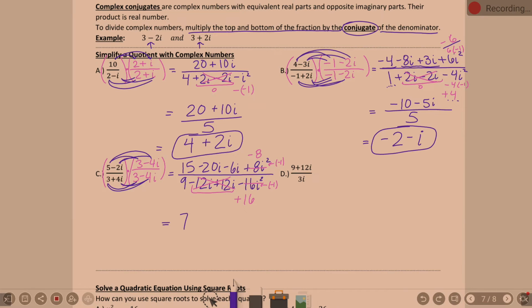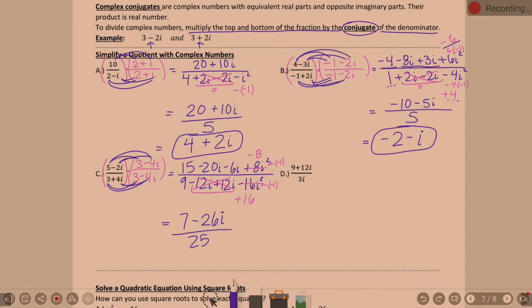Negative 20i minus 6i is going to be negative 26i. What's my denominator? 9 plus 16, 25. Yep, thank you. What's different about this one? Yeah, 25 doesn't go into 7, and it doesn't go into 26.